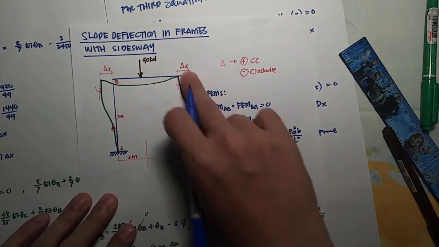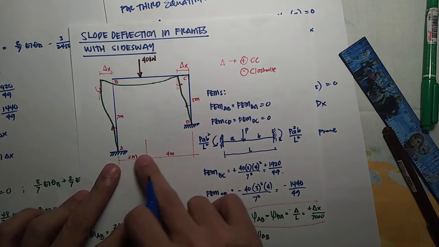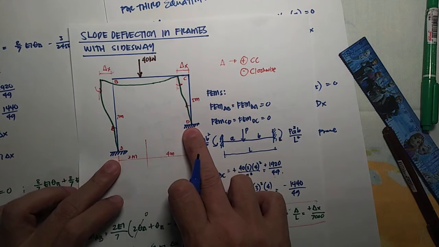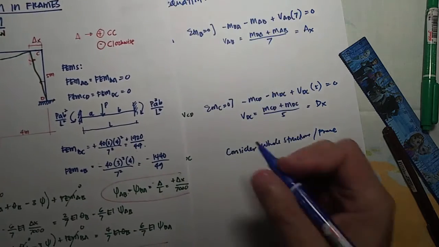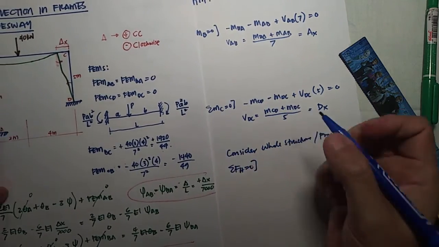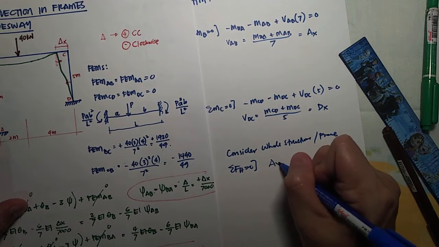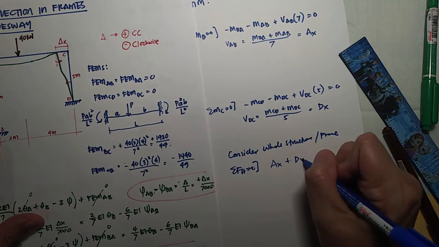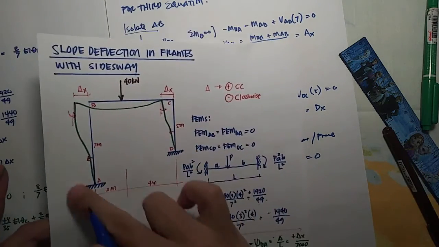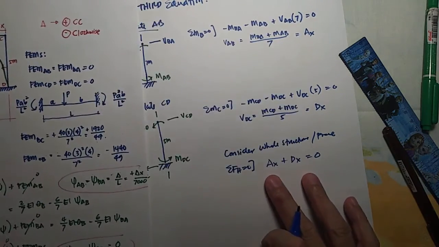So the horizontal force acting on this frame would just be coming from the support reactions at A and horizontal support reaction at D. So if we sum forces horizontal equal to 0, dapat the AX when added to DX should be equal to 0. Summation of forces horizontal for the whole structure should be 0.